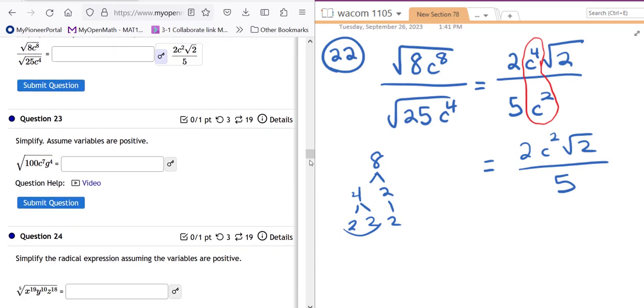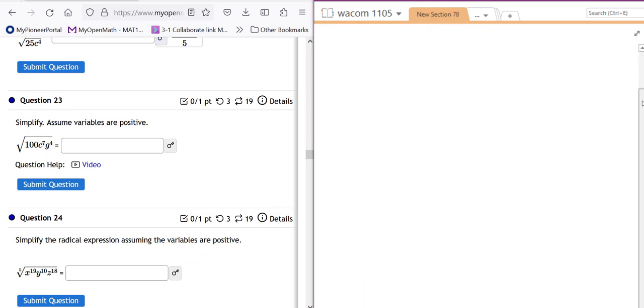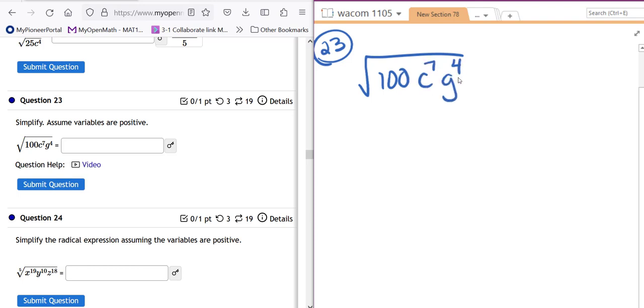Okay. This next one gives us one where you're going to have one piece that is not going to divide evenly for the exponents. So we have 100, c to the 7th, g to the 4th. 100 is a perfect square. This is a 25.